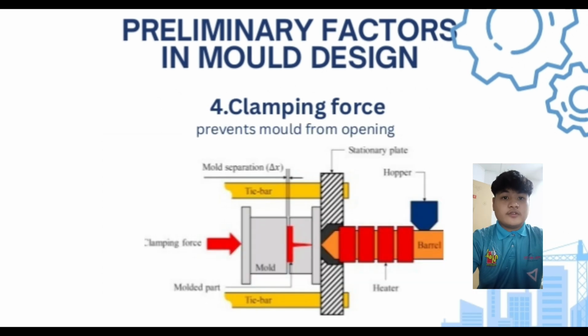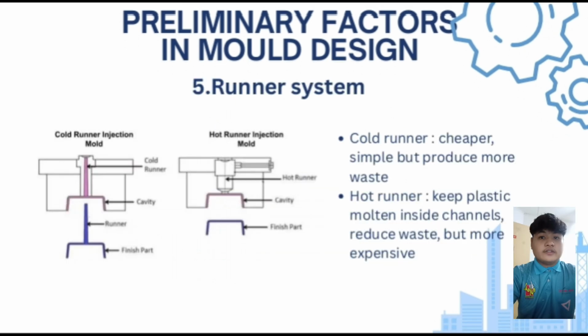Next is clamping force, prevent mold from opening. Next, runner system. Runner system is divided into 2, which are cold runner injection mold and hot runner injection mold. First we go to cold runner. Cheaper, simple but produce more waste.